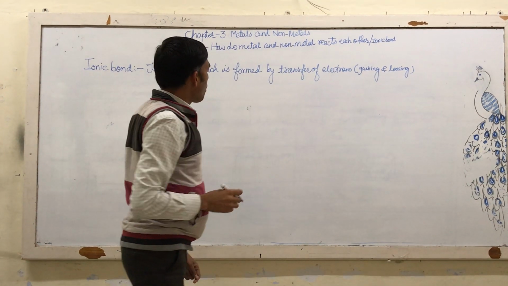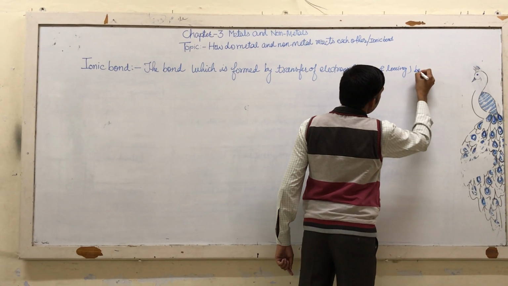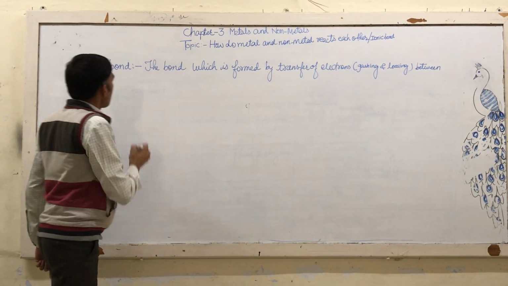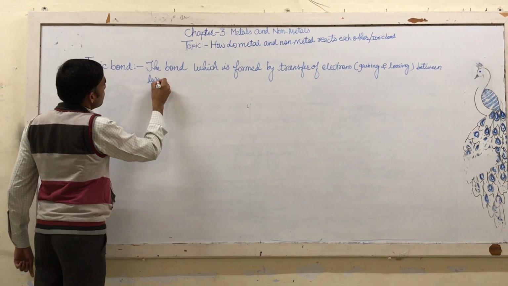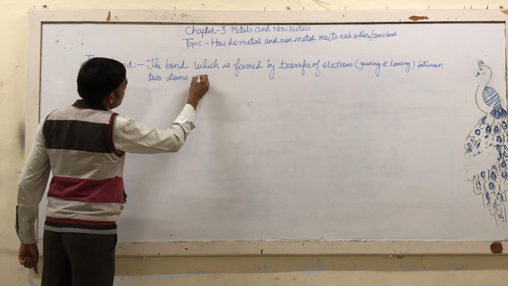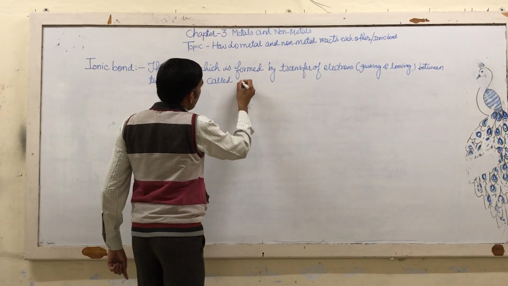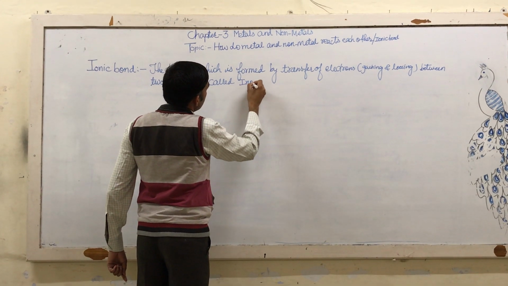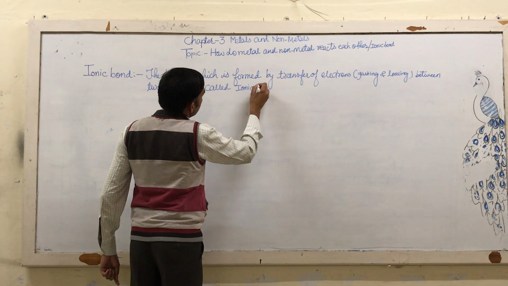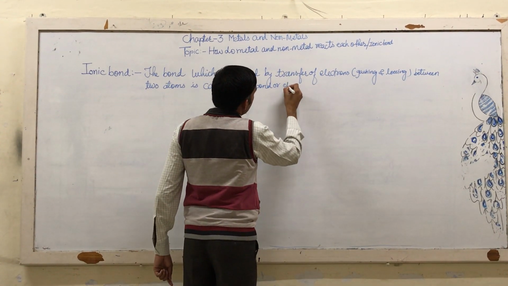The bond which is formed by transfer of electrons between two atoms is called an ionic bond or electrovalent bond.